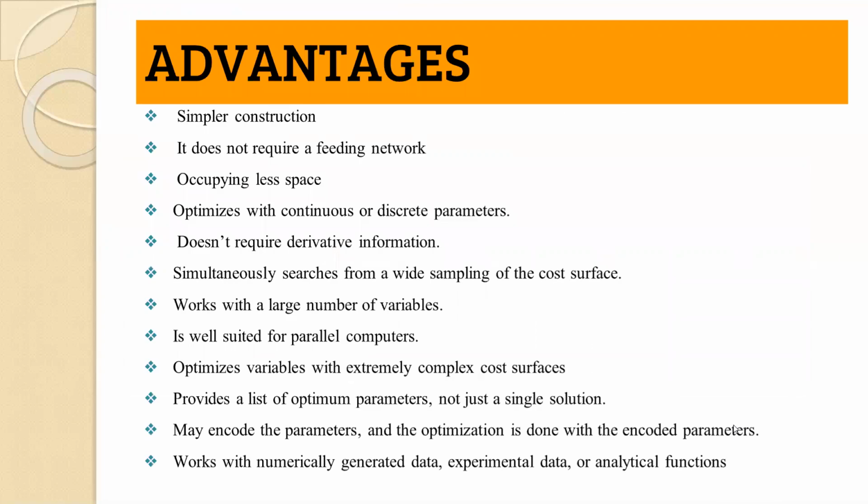So these are the various advantages of antenna optimization. That is simple construction. By doing antenna optimization, our parameters are able to be optimized in very simple construction, whereas other optimizations require feed networks, but our optimization doesn't require any feeding network.